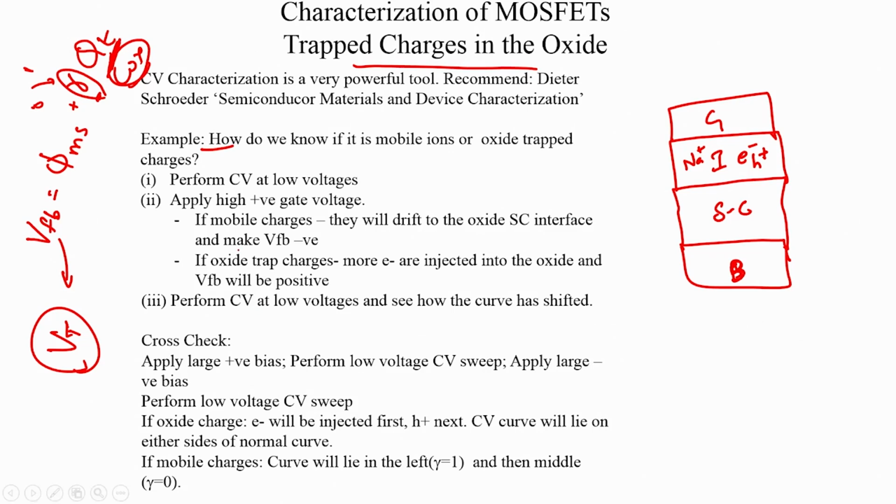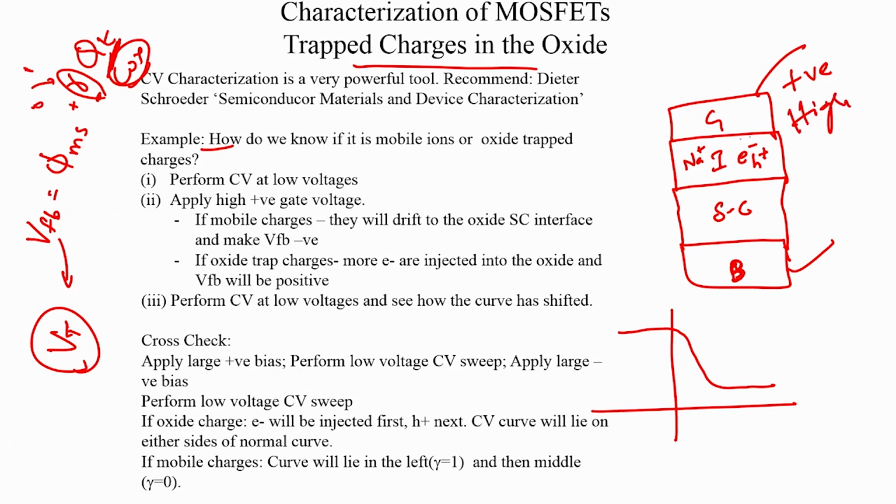So, what we do first is we perform a low voltage CV characteristics, which is your regular CV characteristics. So, let us say we do a high frequency CV characteristics. Okay. And the CV characteristics turned out to be this. Now, what we do is we take out the device and we apply a very high voltage across the MOS capacitor.